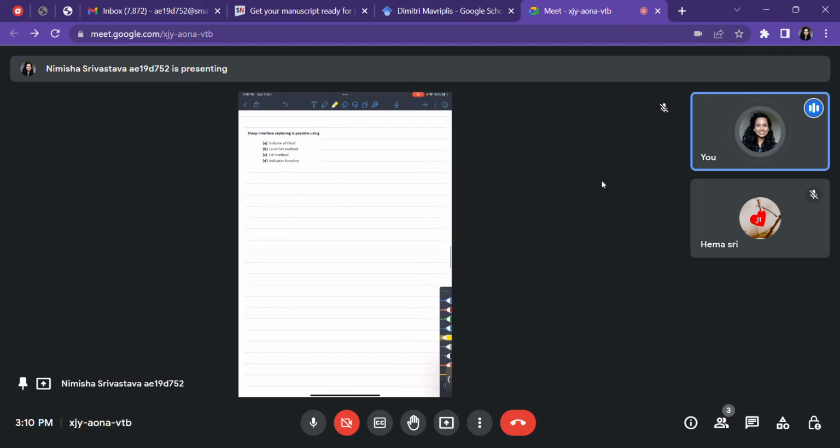Now here, we are being asked, sharp interface capturing is possible using. So you have to tell where interface capturing is possible. Here we are talking about capturing, not tracking. In capturing, we had learned that volume of fluid method and CIP method.